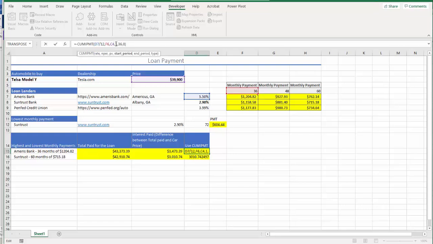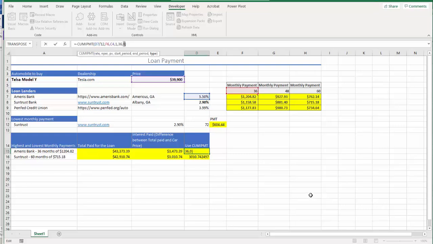The first one is the first period of this loan scenario, which is number 1, right? Starting with 1 through 36 months. So that's why you have 1 indicating the first period, 36 indicating the last period. Okay, comma 0.